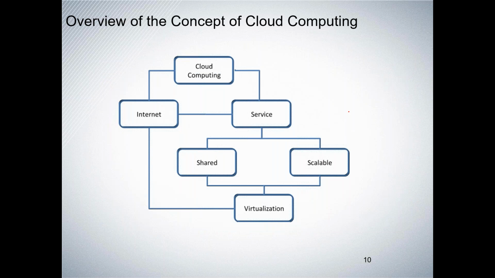So what is cloud? I told cloud is a method of accessing your servers or storage or applications from remote data centers. So cloud is accessed over the internet, and cloud is a service. It is a shared and scalable service, and the underlying technology for the cloud is virtualization.